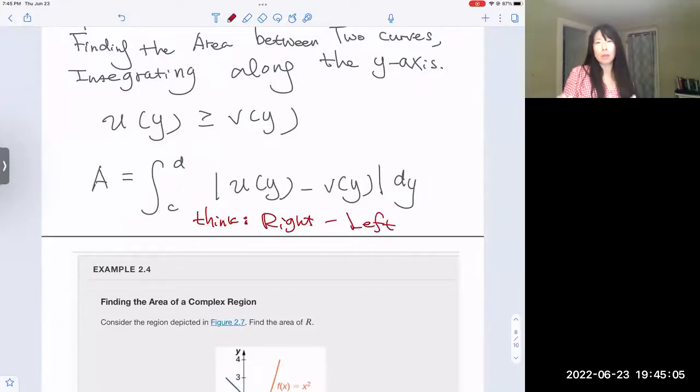Okay, so like a top curve minus bottom curve, then we get the area. Then right minus left, then we get the area between two curves, okay?